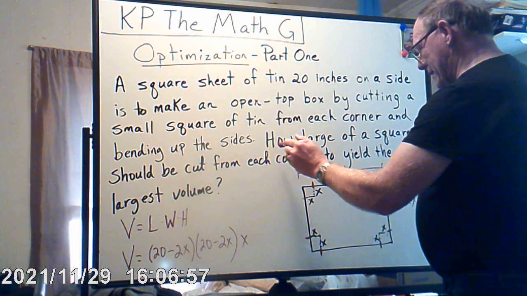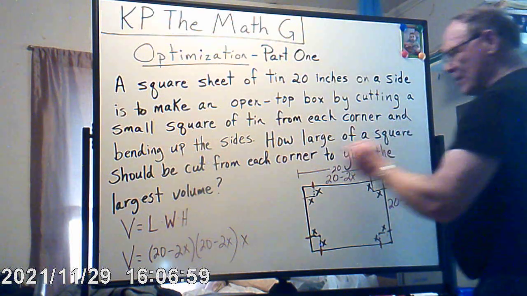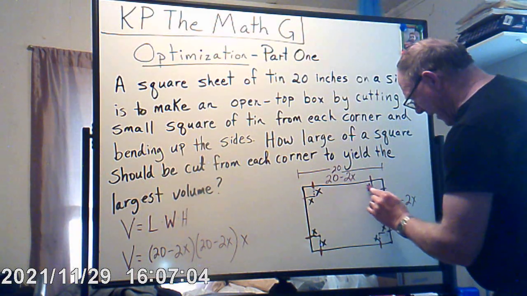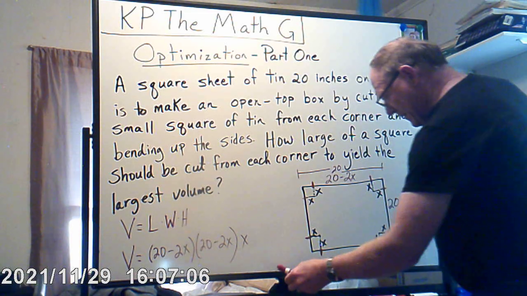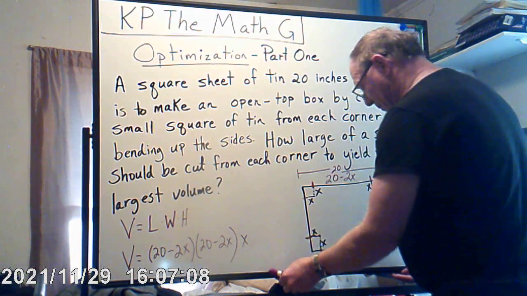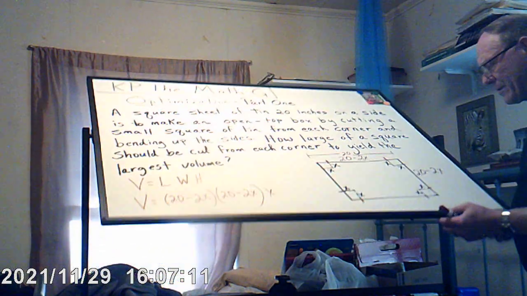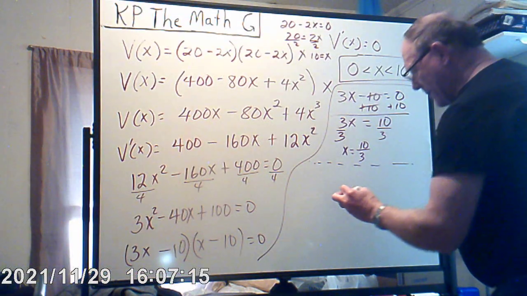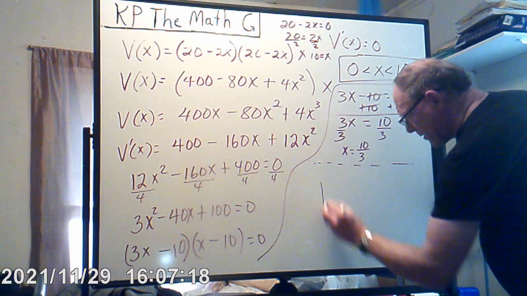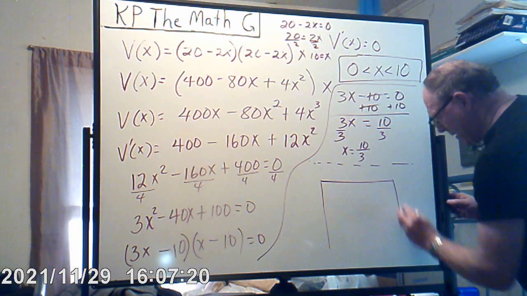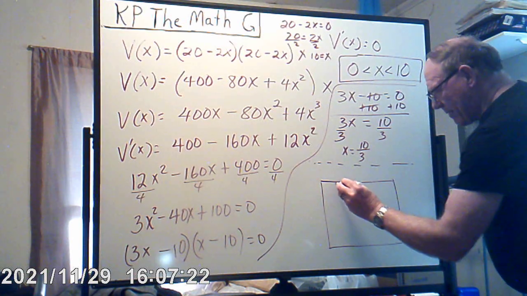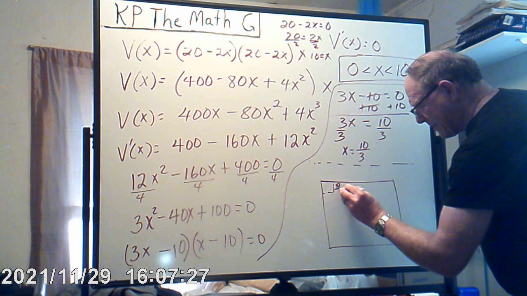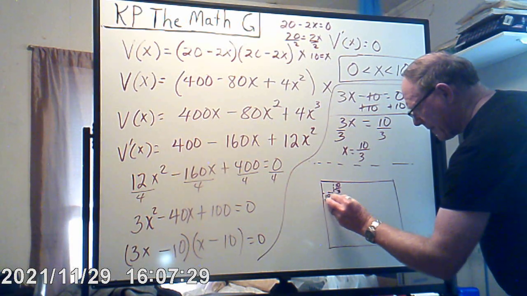In this case, it says how large of a square should be cut. So we're looking for the value of x, which we already have. All right, that's all we're looking for. So we found that x is 10 over 3. So when we talk about this picture right here, each of these x's are 10 over 3.